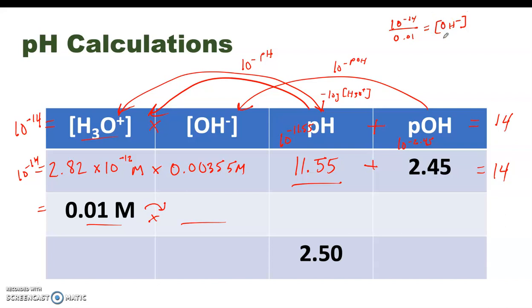So let's type that in, 10 to the minus 14 divided by 0.01. You may want to use parentheses if you're typing in scientific notation, just to make sure you're not making a mistake, because sometimes the order of operations can get goofy on you. So when I typed this in, I got my OH minus concentration. From there you can do the negative logs to get this.